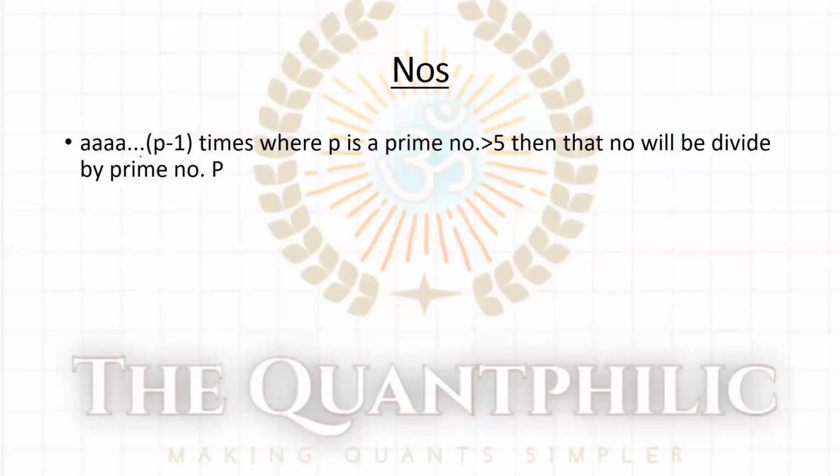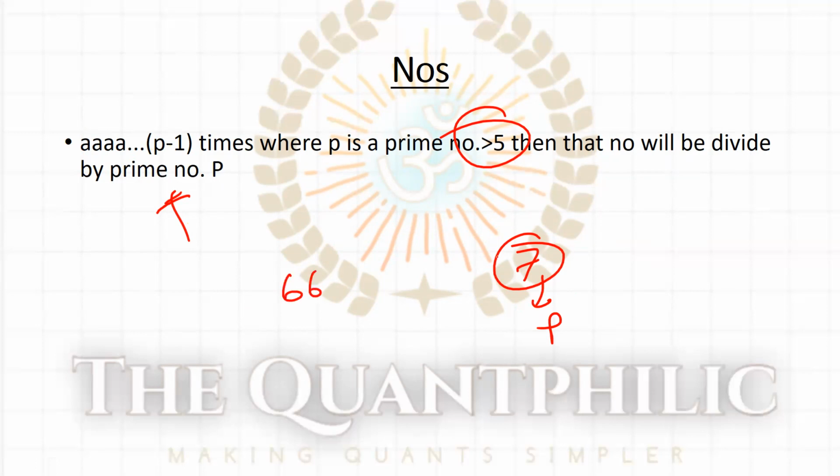So this is basically a written p minus 1 times, where p is a prime number greater than 5, and the number will be divisible by p. What it means: say we take the prime 7. Then the number is a written p minus 1 times, so 6 times. Let a be any number, say 6: 6 6 6 6 6 6, six times, mod 7 will be divisible.